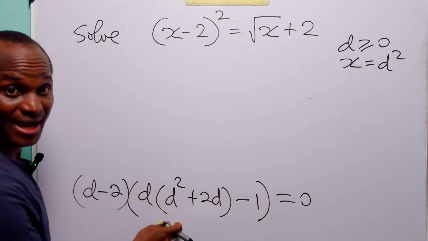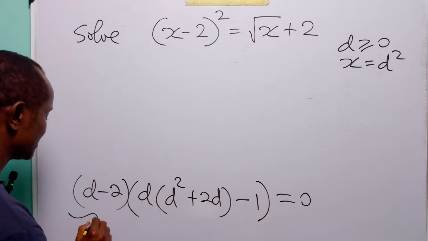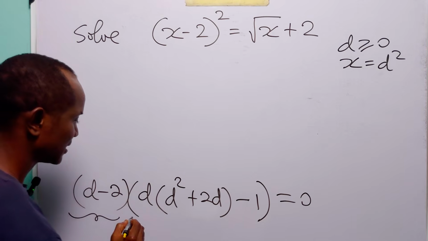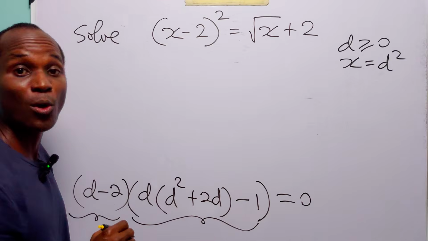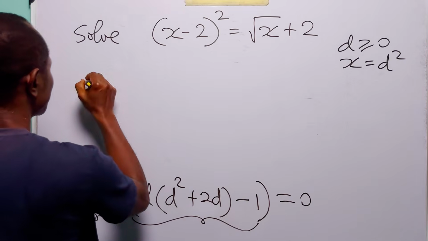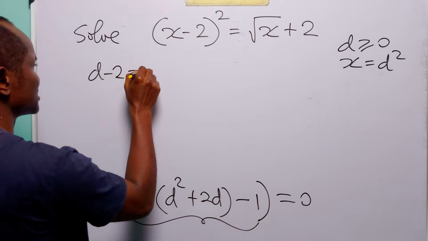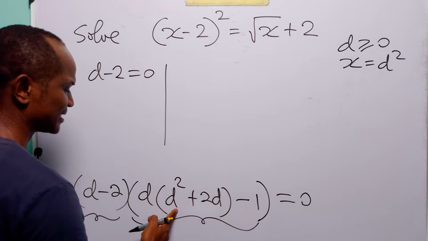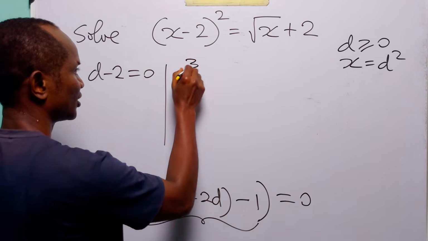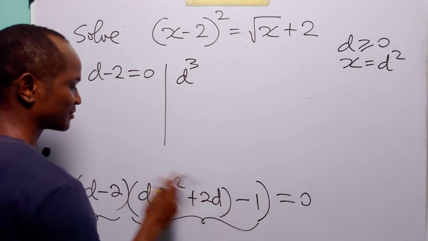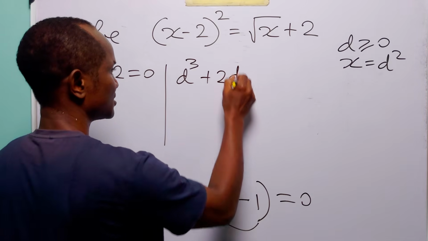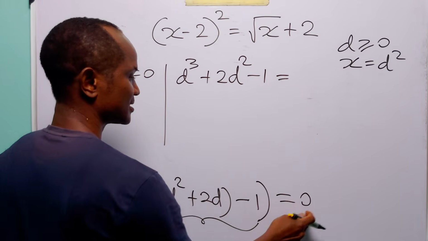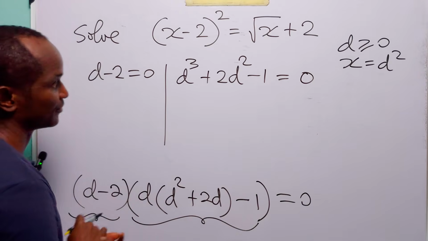And of course, from here, we have that either d minus 2 is equal to 0, or this expression is equal to 0. So we have that either d minus 2 is equal to 0, or let us open this bracket: d times d squared is d cubed, d times 2d is 2d squared, and then we have minus 1, and this is equal to 0.